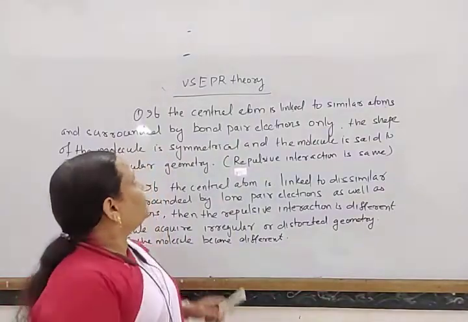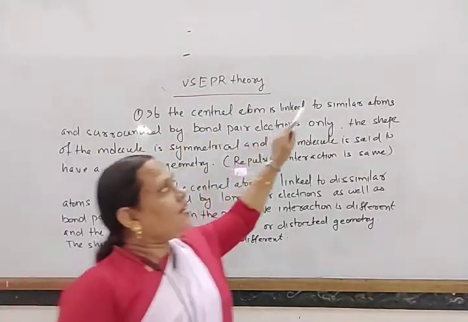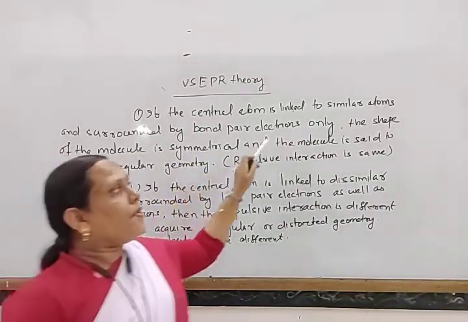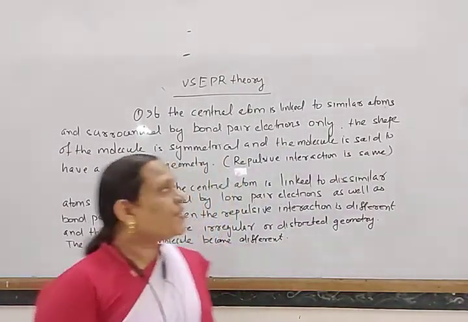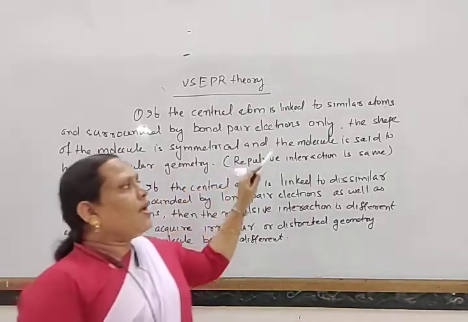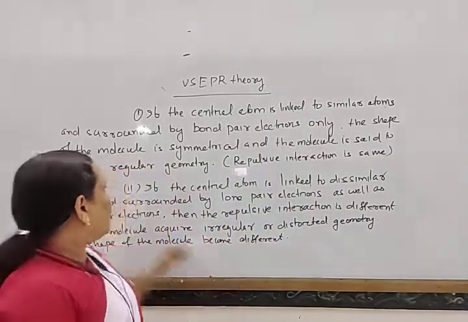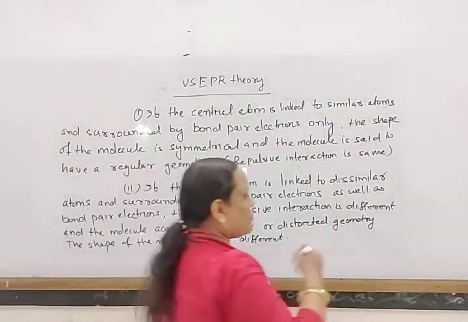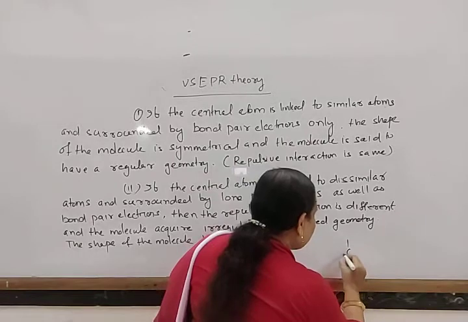So look here. If the central atom is linked to similar atoms and surrounded by bond pair electrons only, then the shape of the molecule is symmetrical and the molecule is said to have a regular geometry. For example, suppose we consider CH4.